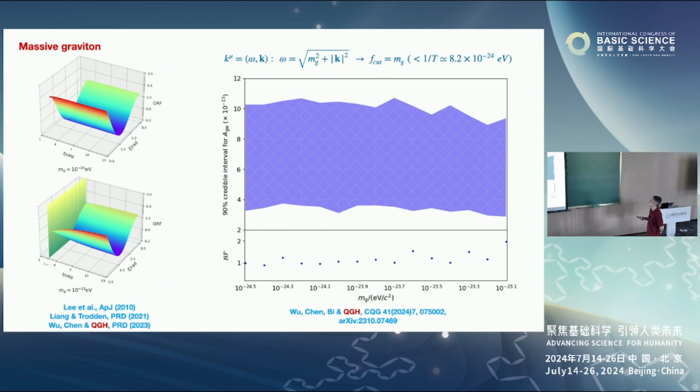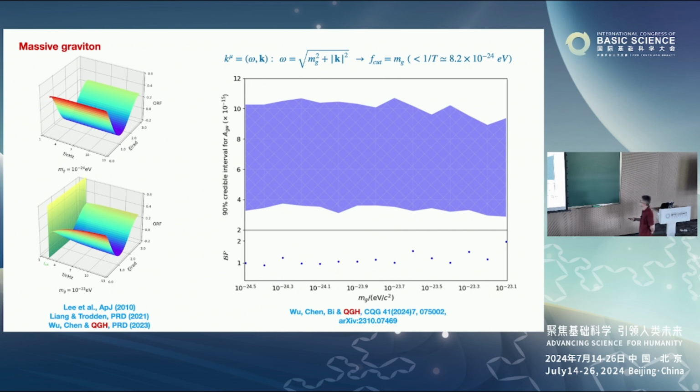On the other hand, once the graviton has a mass, there will be a cutoff in the frequency of the gravitational wave, because once the graviton mass is not zero, the gravitational wave frequency has a lower bound. But now we detect a very low frequency gravitational wave. This will give us an upper limit on the mass of the graviton, which is around 8.2 times 10 to the minus 24 electronvolts. This is comparable to the constraint on the graviton mass from LIGO.